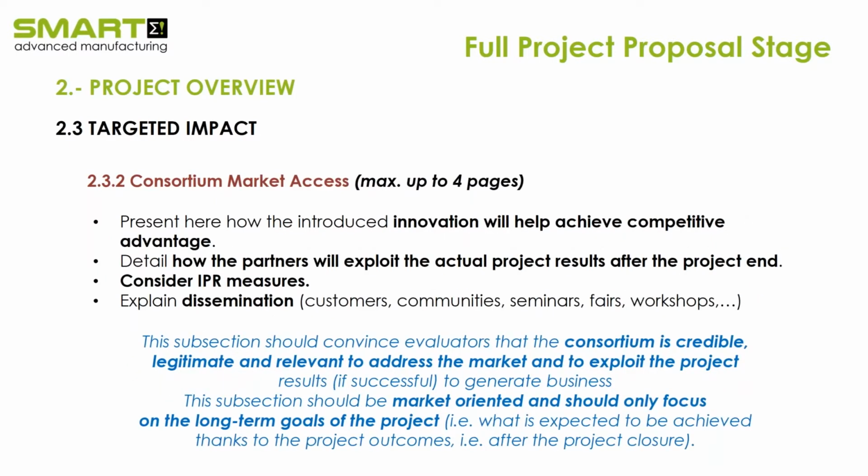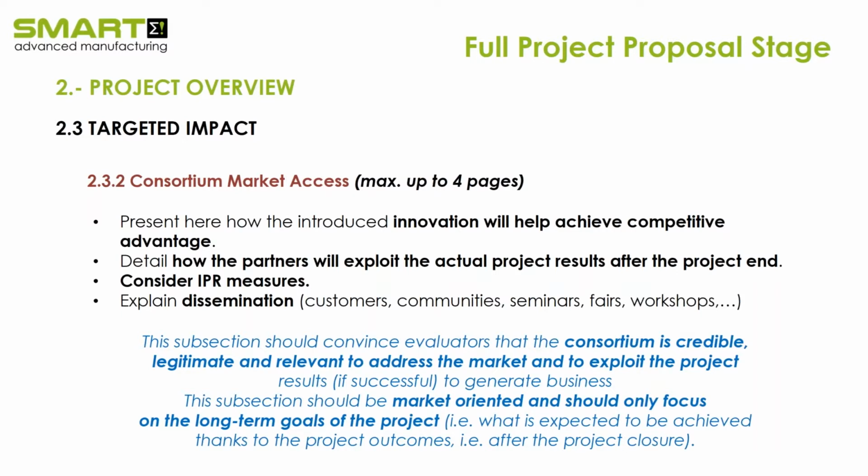Here is the consortium market access, and here the idea is how you demonstrate that the partners in the consortium are able to deal with what you say that you will deal with. I mean, the innovation has to be achievable, and you have the competences.